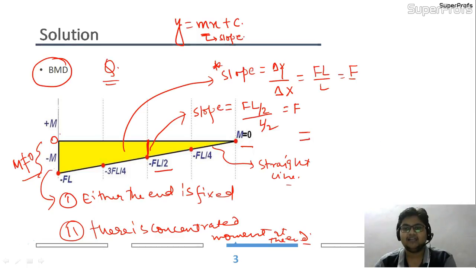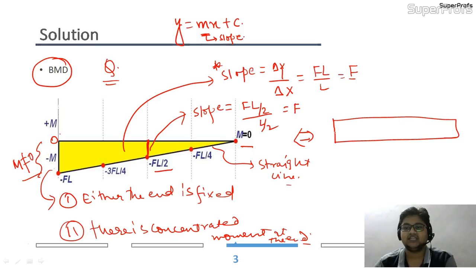Now if I am given to draw the shear force diagram by looking at the bending moment diagram, then I can simply say that my shear force diagram is constant throughout, and it has a magnitude of F always. Now from this shear force diagram, which I am writing here in short as SFD, I will be drawing the loading diagram. So there are three types of diagram.